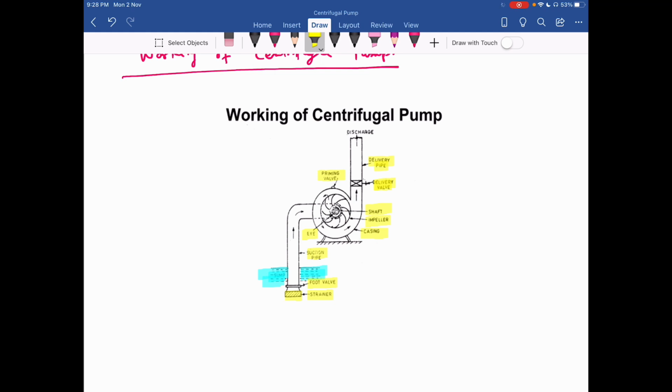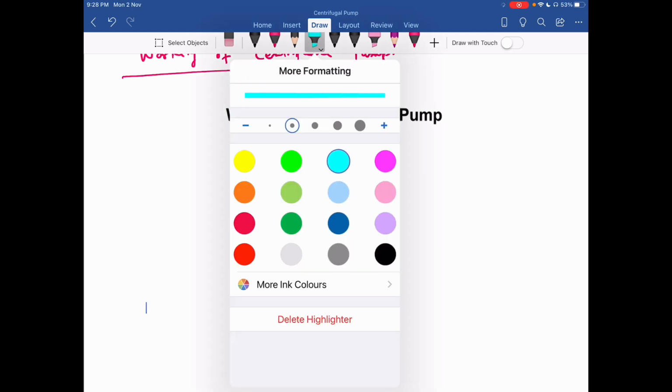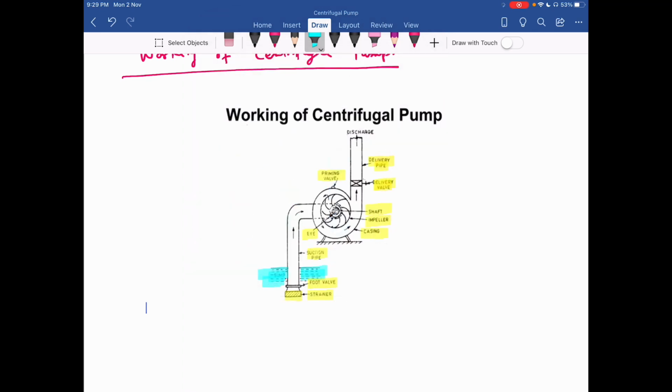Now you see how this pump works. In case of centrifugal pump, the water enters the impeller through the eye of the pump. So you can see here the water enters through the eye.